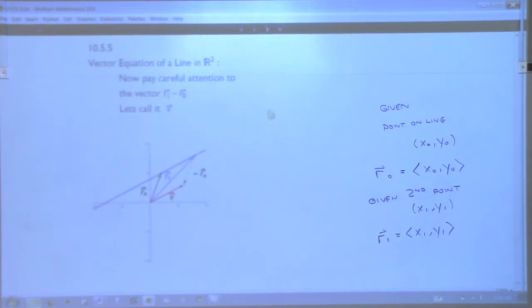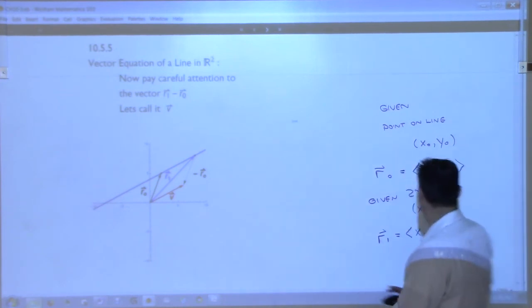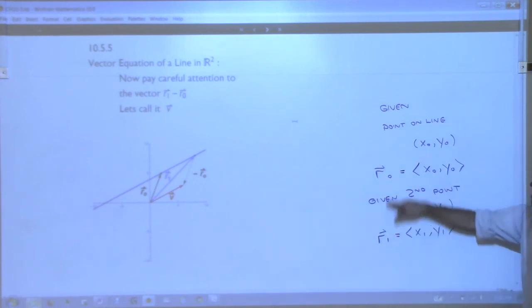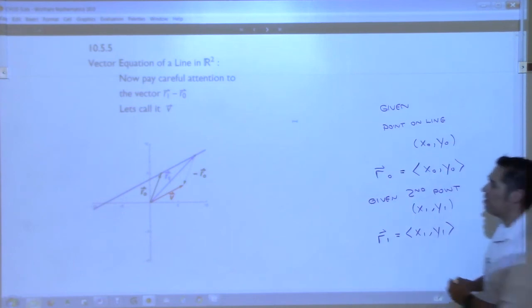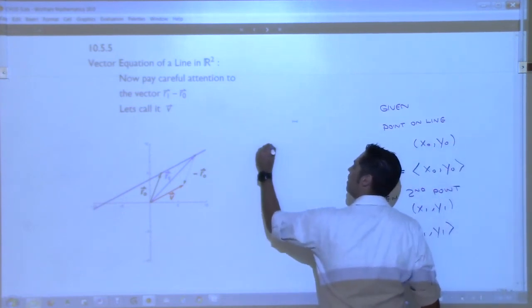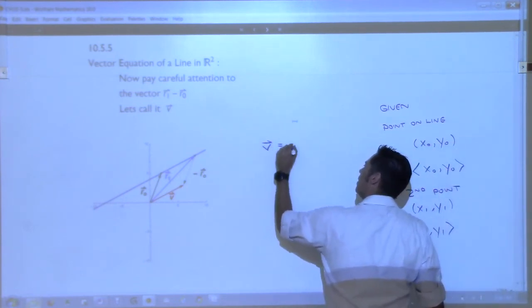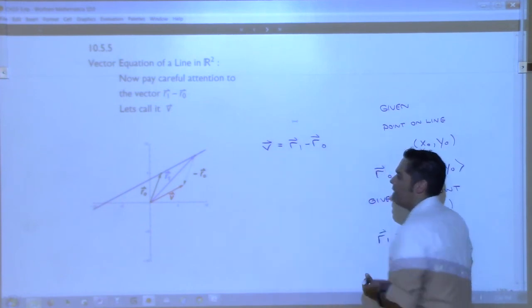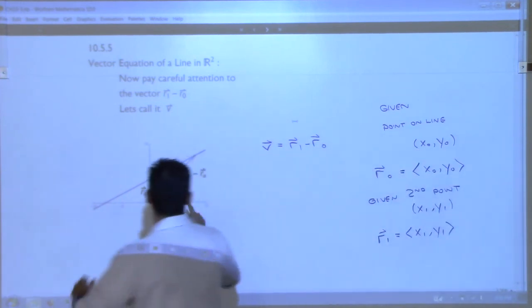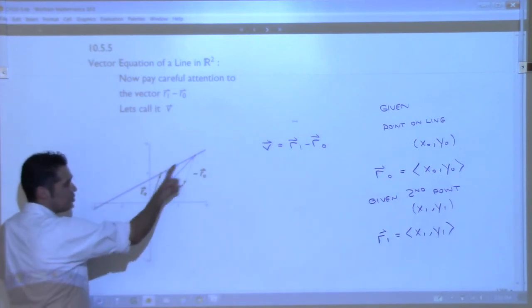I'm going to now create a vector that is r1 minus r naught. So now take a look at this vector. I'm going to call it v. And v is going to be r1 minus r naught. Now that vector v, this is what I drew earlier.